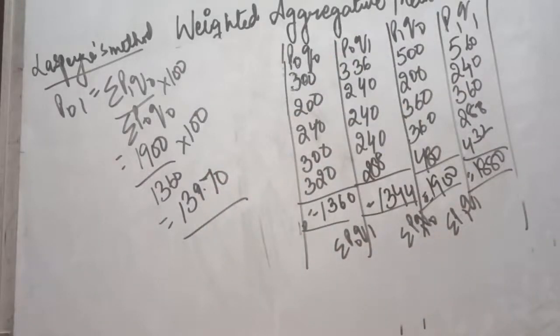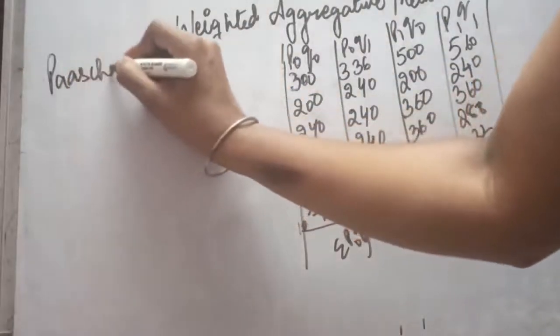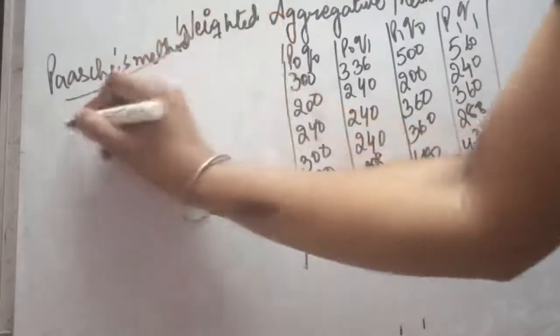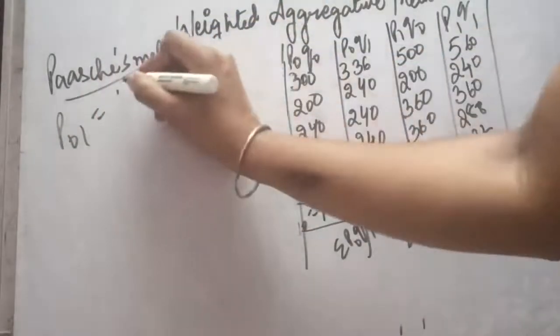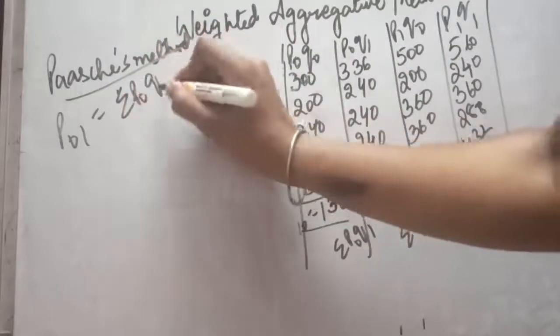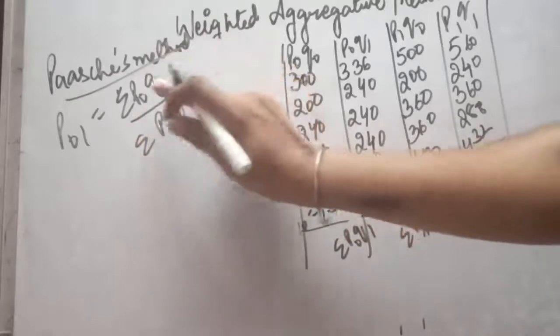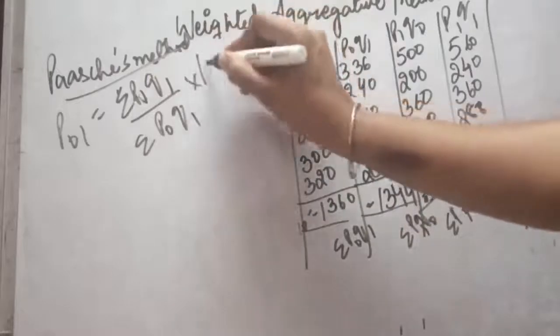Now let us see the second formula, Paasche's method. Under Paasche's method, our formula was P01 equal to sigma P1 Q1 divided by sigma P0 Q1 into 100.